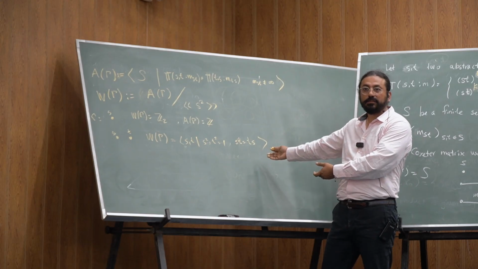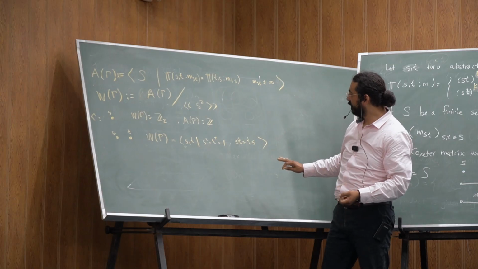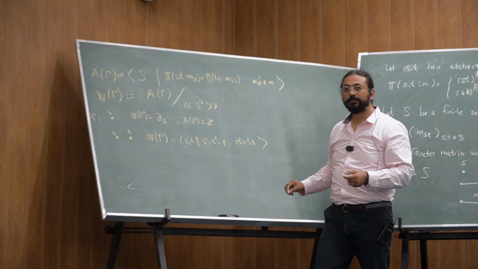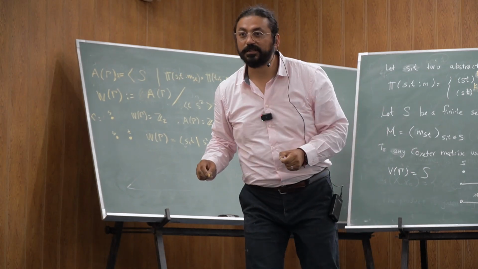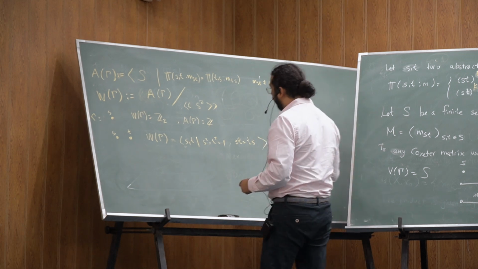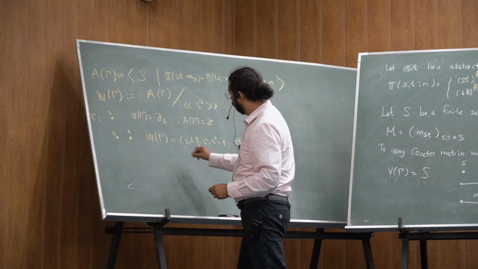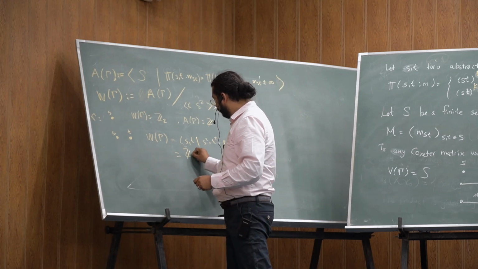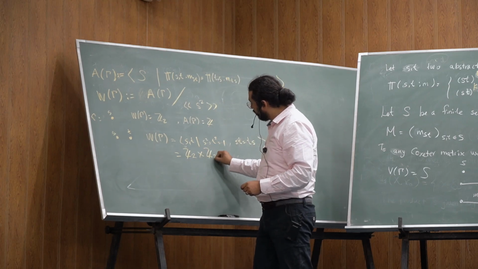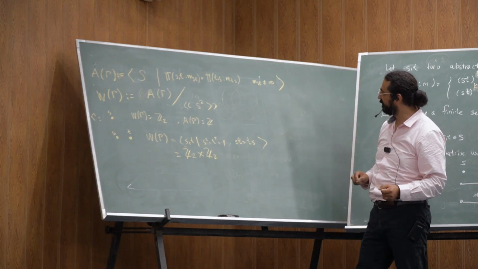Which group is this? The Klein group. Yes, it is the direct product of Z2 with Z2.